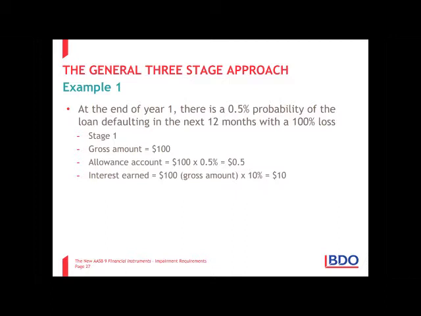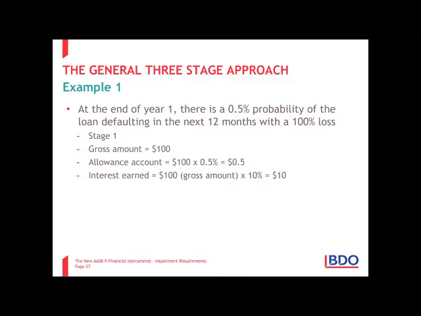Then at the end of year 1, we've got new information. At the first reporting date, there is a 0.5% probability of the loan defaulting in the next 12 months, and then there'll be 100% loss. So it looks as if there was a bigger risk of default in the first year. Some loans have the characteristics that if people are going to default, it will be quite soon.